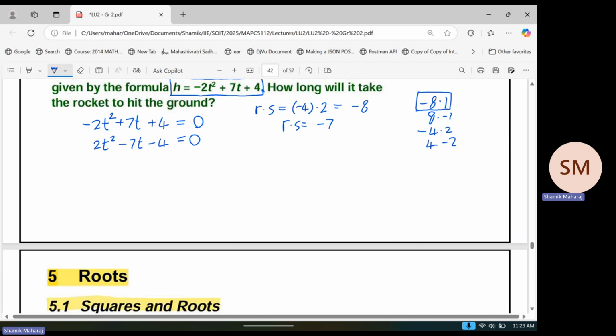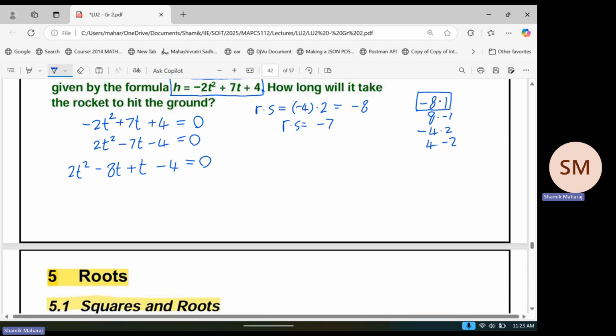Okay, but now remember, we need to rewrite this using our slightly more complicated version of the formula, which is to rewrite the middle term, the minus 7t, in terms of the factors we just found. So I'll rewrite this as 2t squared, and the minus 7t I'll rewrite as minus 8t plus t, minus 4 is equal to 0. Now I can just factor.